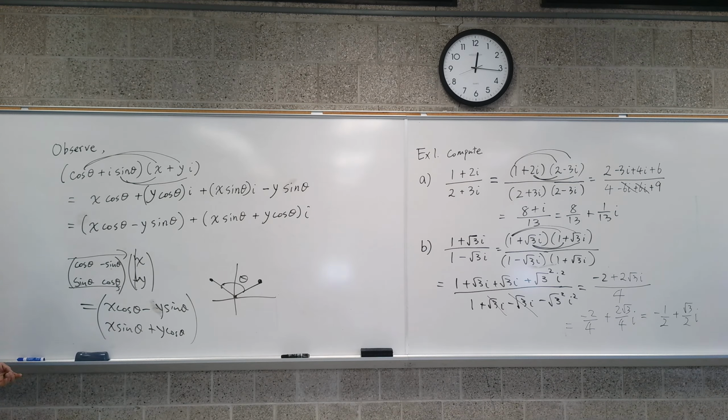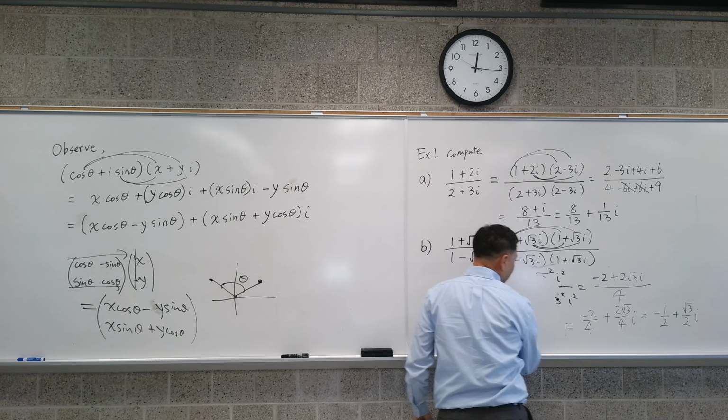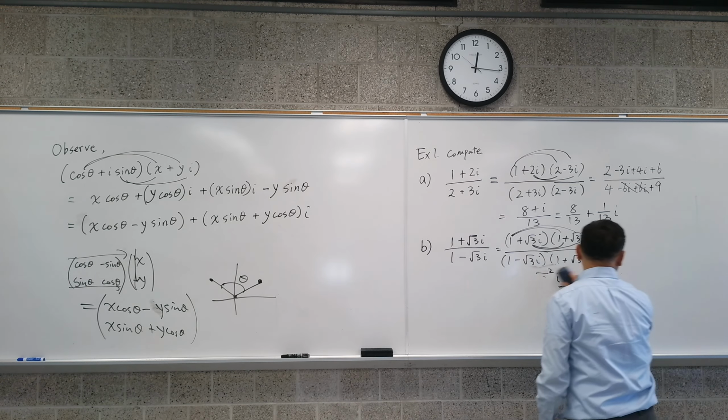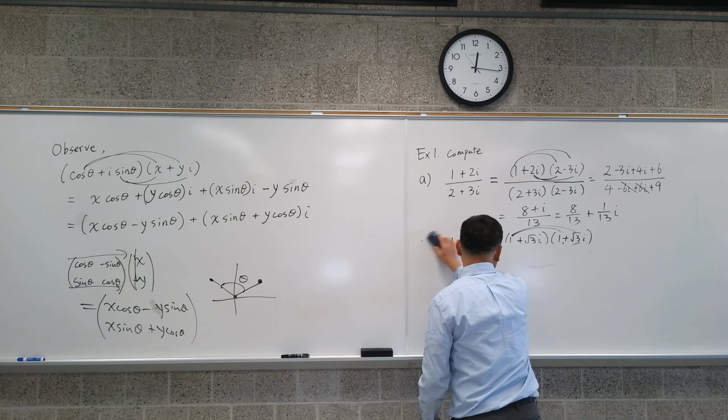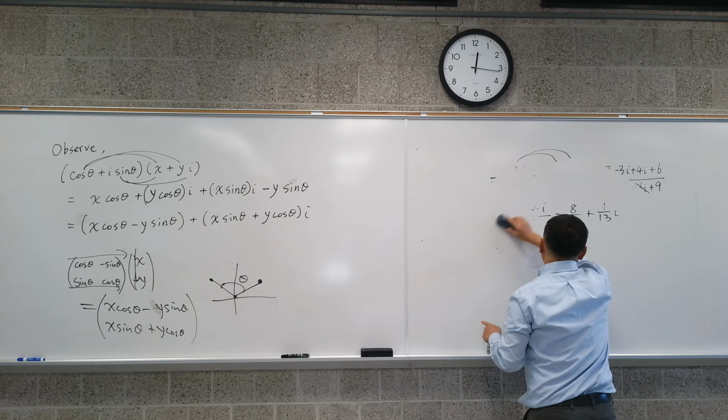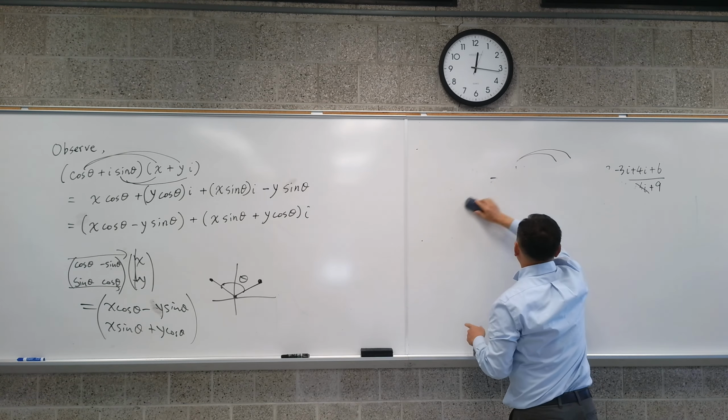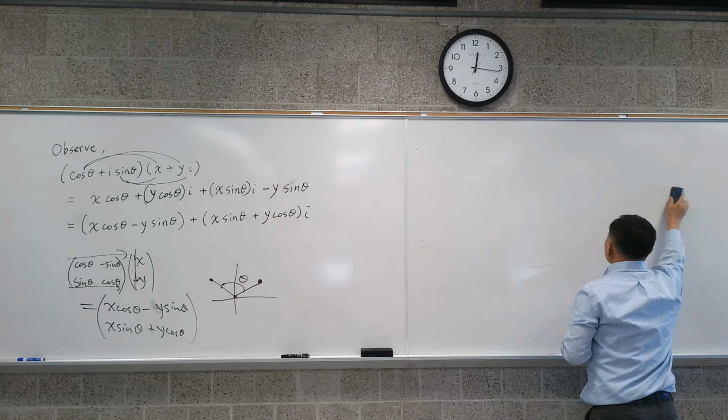Okay, so what does this calculation tell us? It tells us a very interesting conclusion, which says that if you multiply by cosine theta plus i sine theta, the point will rotate by theta degrees. What I'm trying to say is that, let's say this point is an arbitrary x plus yi in the complex plane.